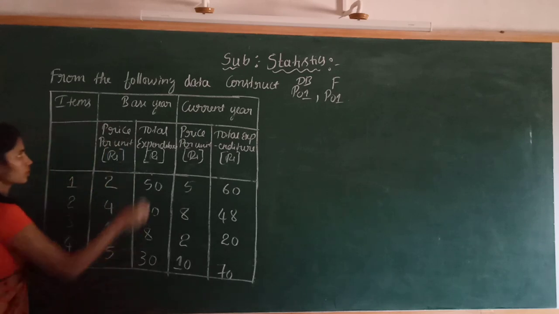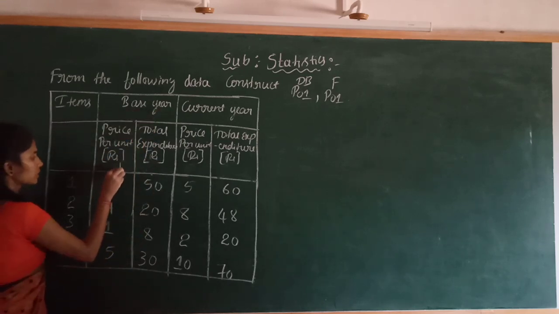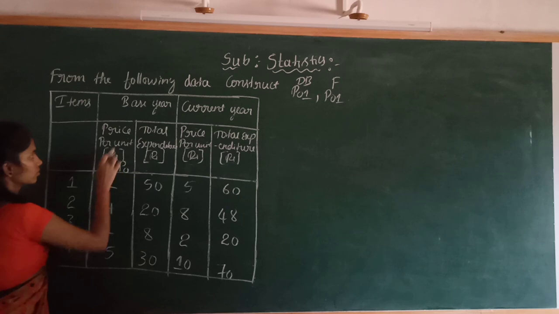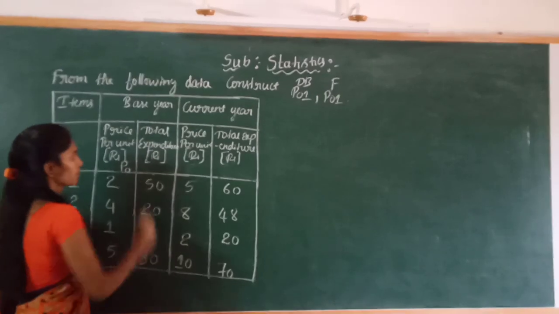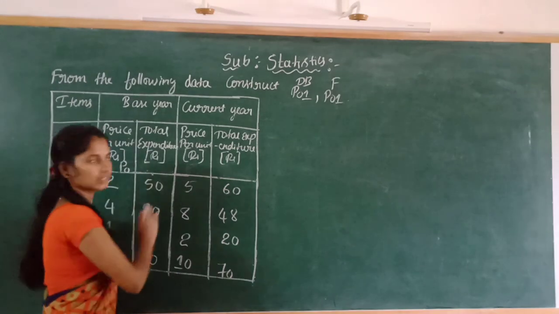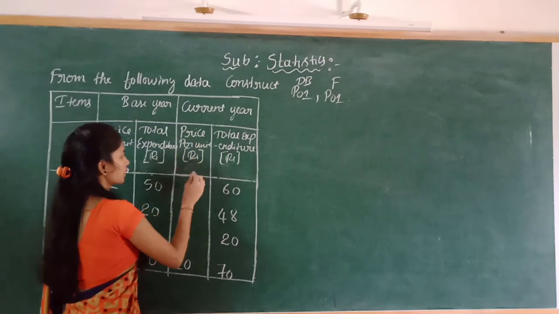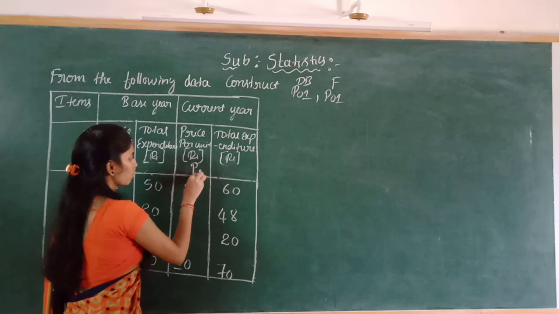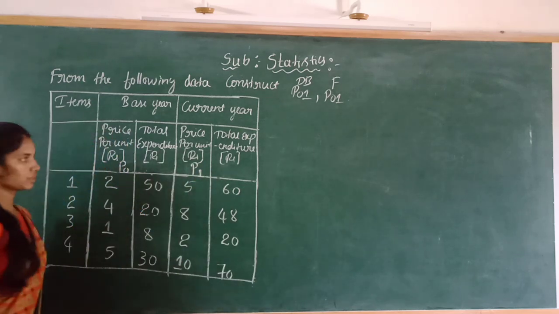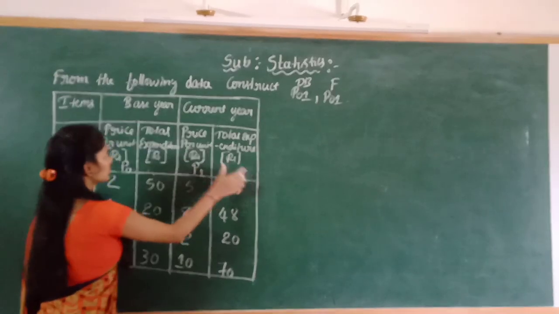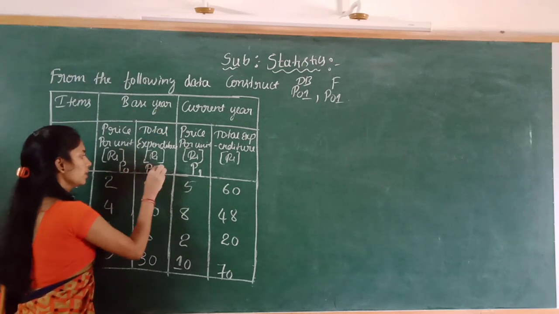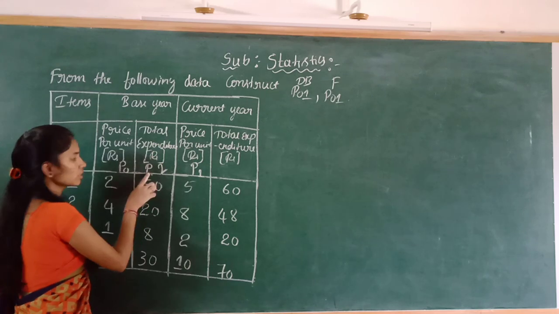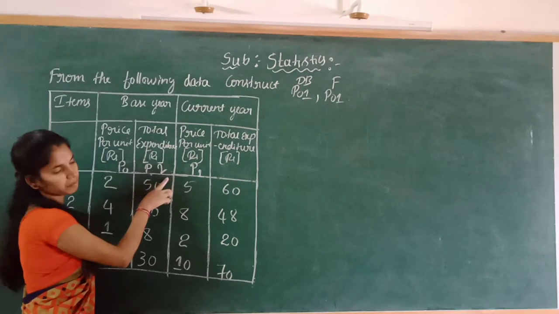See here my dear students, the base year price is denoted as P, and the base year is denoted as naught, then total expenditure you have to write here. Next, current year price, that is P1. Next step is total expenditure. For the base year total expenditure you have to write PQ. Total expenditure is nothing but both price and quantity.